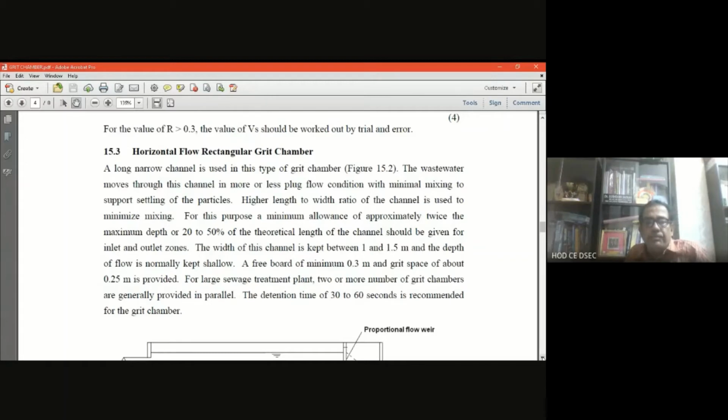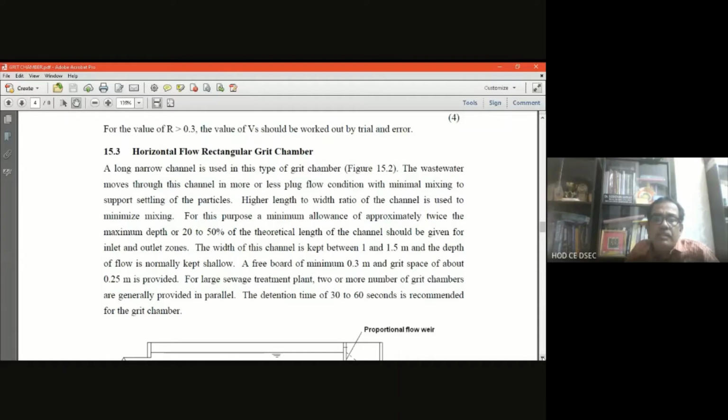That is the thumb rule. The width of the channel is kept between 1 to 1.5 meter, and the depth of flow is kept shallow. Apart from the depth, a freeboard of 0.3 meter is provided, and a bottom grit space, where the sludge settles, of 0.25 meter.